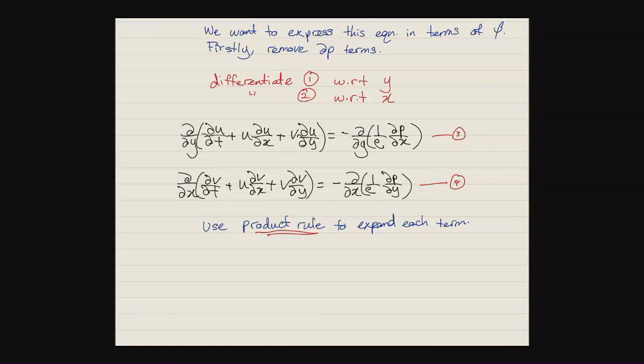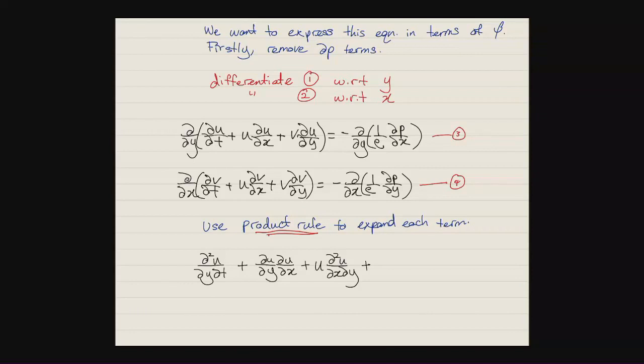Right, so if I expand this term here, all I'm going to get is del squared u over del y del t plus, and then if I differentiate this term here with respect to y, I'm going to get two terms. The first one is going to be del u over del y, del u over del x, plus u del squared u over del x del y.